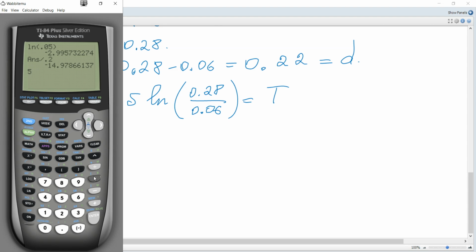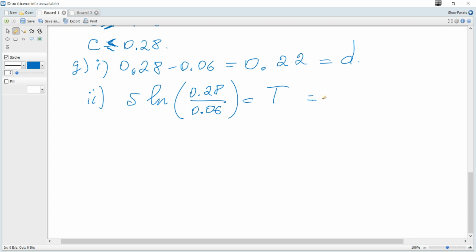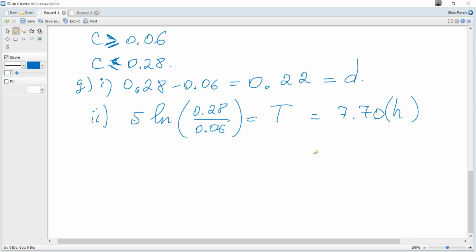So 5 multiplied by ln of 28 over 6, and it's 7.70 hours. And it's milligrams per milliliter.